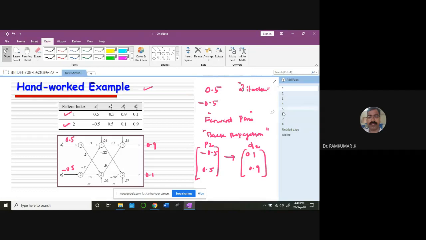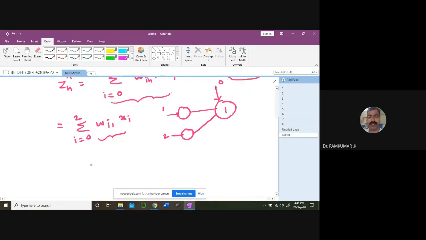0.5 and minus 0.5, those are the two inputs. It's going to go into the input, and I'm going to get the same 0.5 and minus 0.5 here. Then that's going to get multiplied by the weights. What are all the weights?